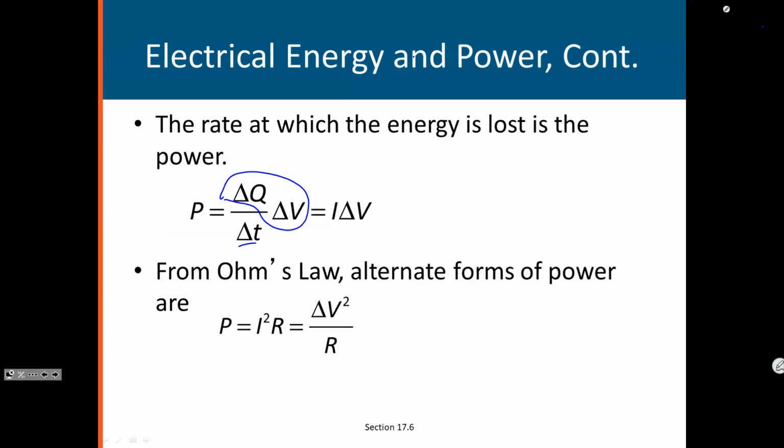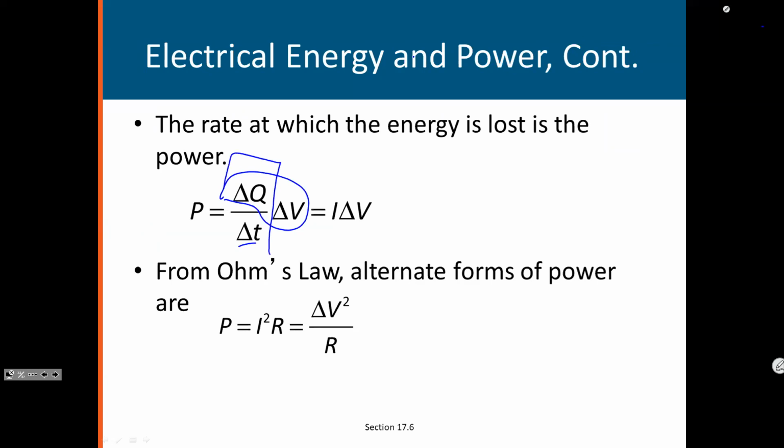Like the acceleration is what? Acceleration is time rate of velocity change, how fast the velocity is changing with time. So likewise, the power is how fast the energy is being transferred, the time rate.